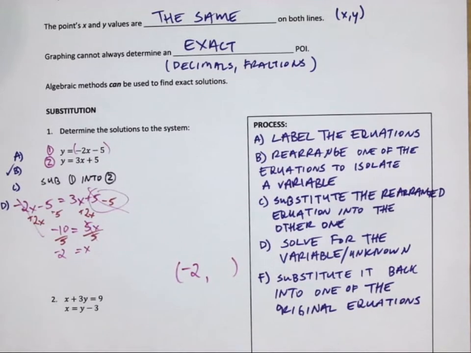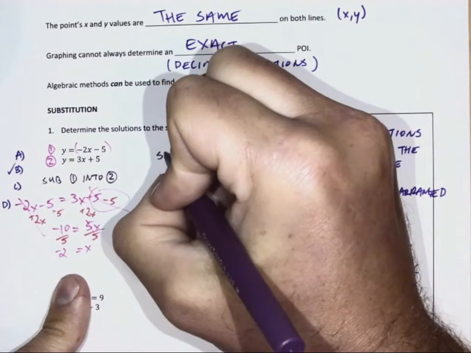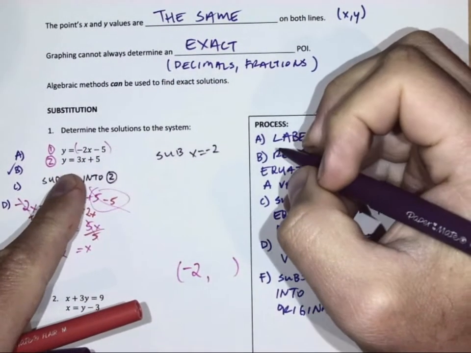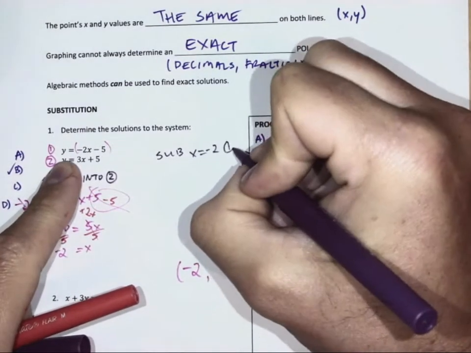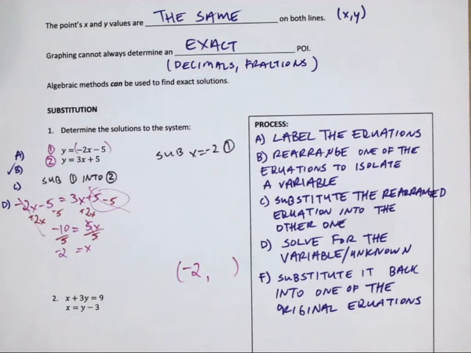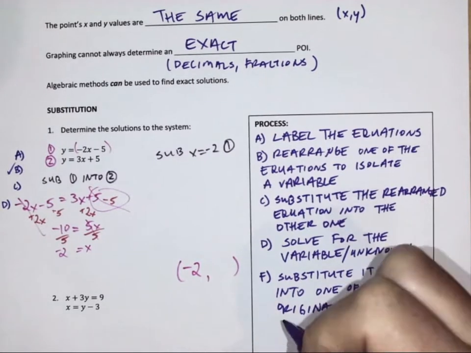Following my math communication, I'm going to sub x equals -2 into 1 or 2. I'm going to choose 1 because that's the one that I rearranged. Once I substitute it back in, I'm going to solve.